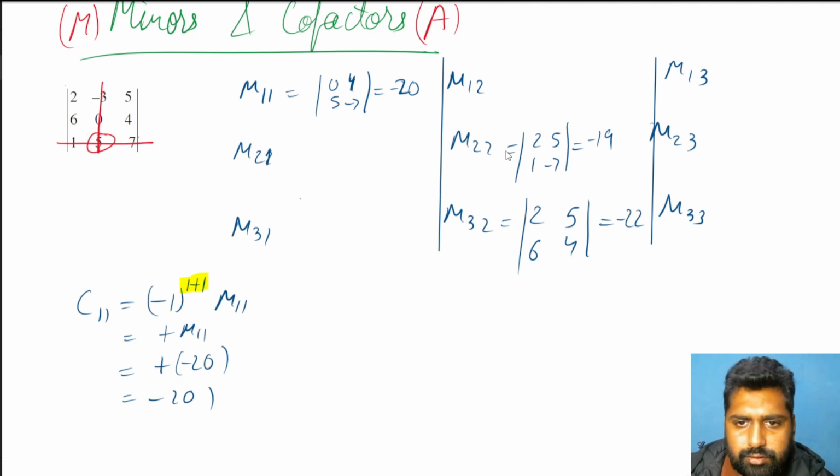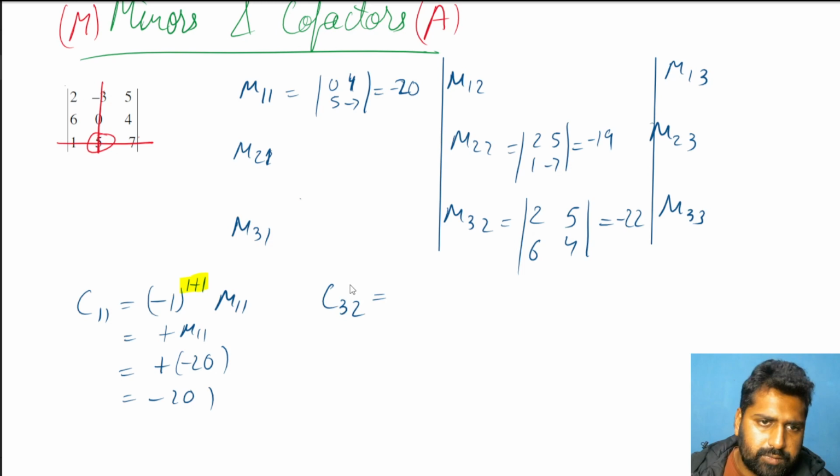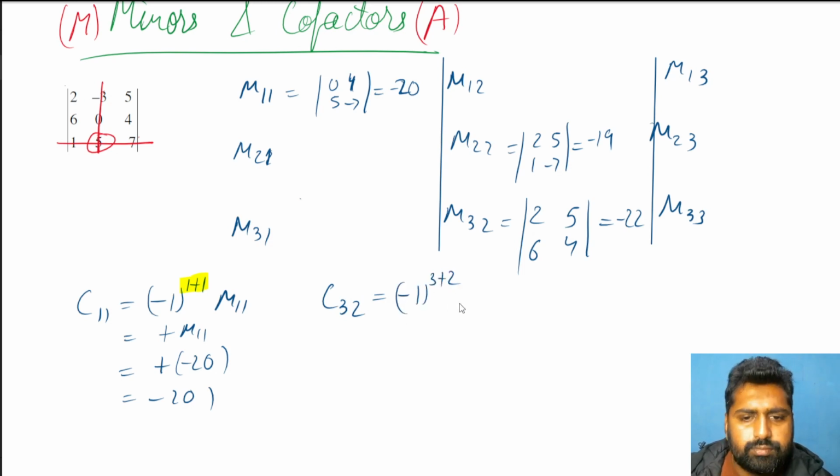Let's take M32 first. Let's calculate C32, the cofactor. Third row, second column. So minus 1 raised to power 3 plus 2. Whatever you are writing here, just add them and raise the power of minus 1 with that.